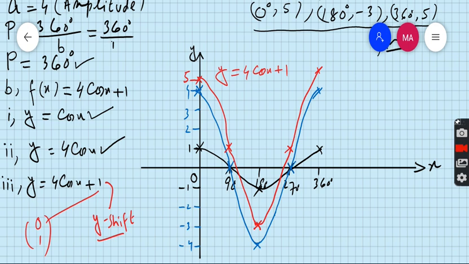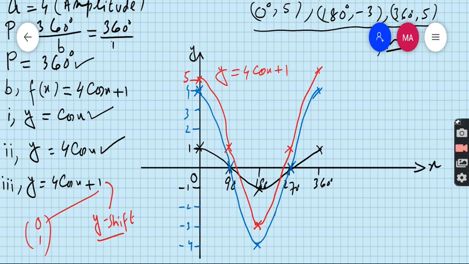But students, for your convenience, I want to repeat all steps again. It is not necessary that you have to draw your required graph in this way. But if you draw the graph in this way, you will have a clear concept.